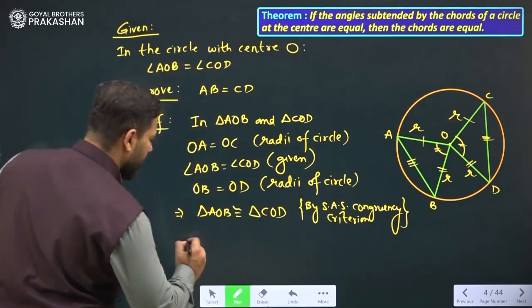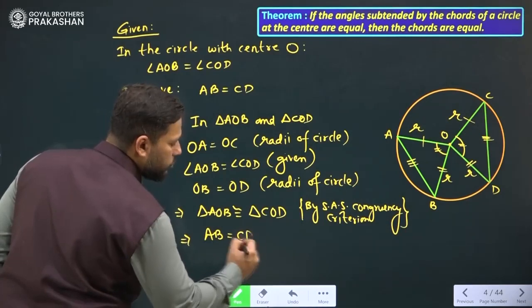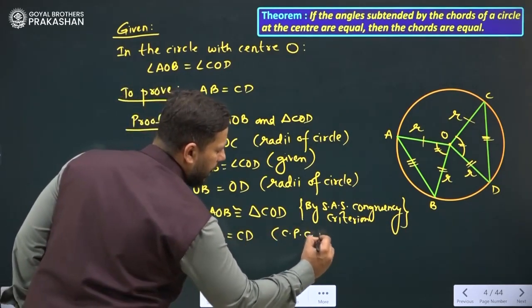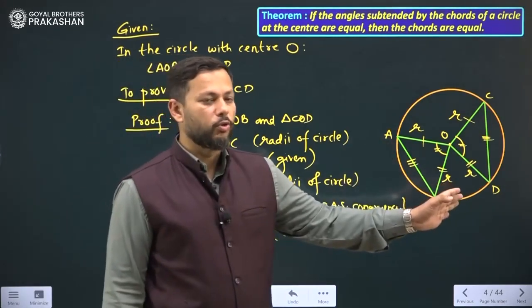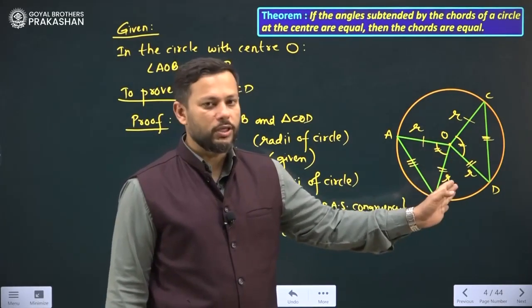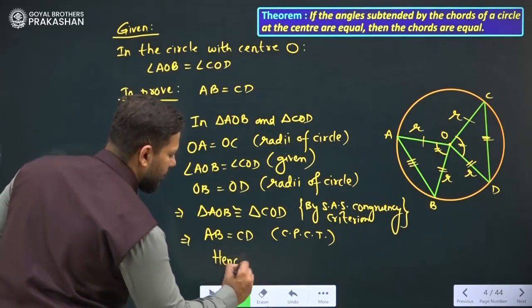So we will write it. This implies that AB is equal to CD. How do we know this? Because these are the corresponding parts of congruent triangles, and this is what we wanted to prove. AB and CD are the chords and they now are equal to each other, so hence proved. We can write it like this.